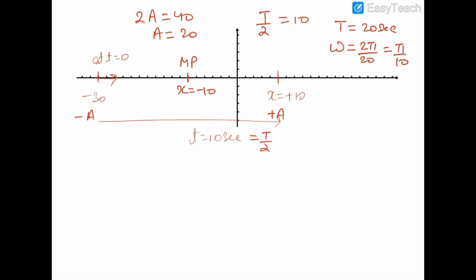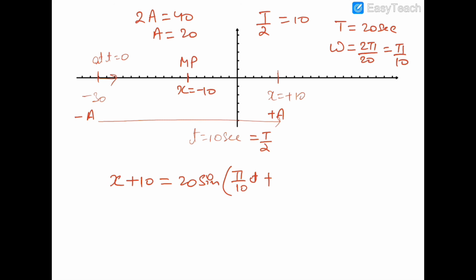So we can write down the equation as x plus 10, because to write the mean position in the equation of SHM, we always write x minus the mean position. Now in this case the mean position is negative 10, so it would be x plus 10, and that would be equal to 20 sine of omega t, where omega is pi by 10, plus the initial phase.